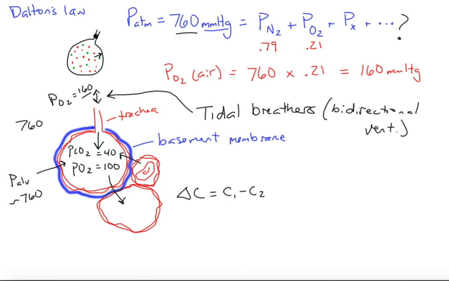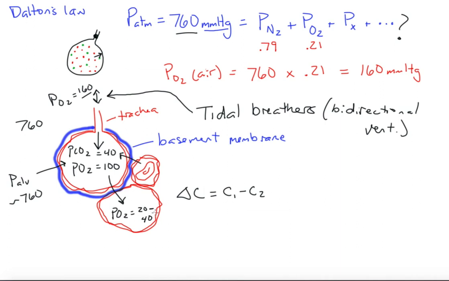The capillaries surrounding the alveoli. So I'm going to write down this PO2 equals, and it's variable. I'm going to say 20 to 40 or 50. I'll write 40. Again, the number is not that essential, right? Notice it is significantly less than it is in the alveolus.